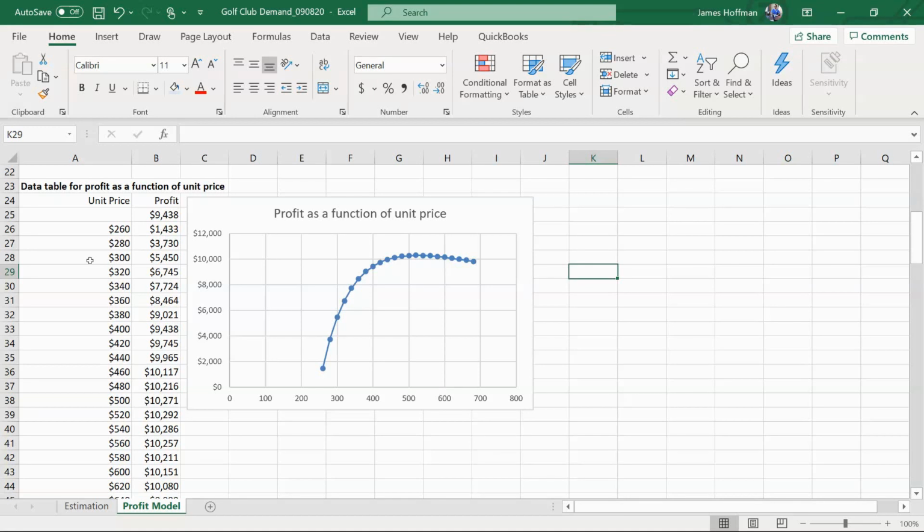Alright, and so you see that these are the different unit prices that you might charge down here on the bottom on the x-axis, and then this is the associated profit, right?